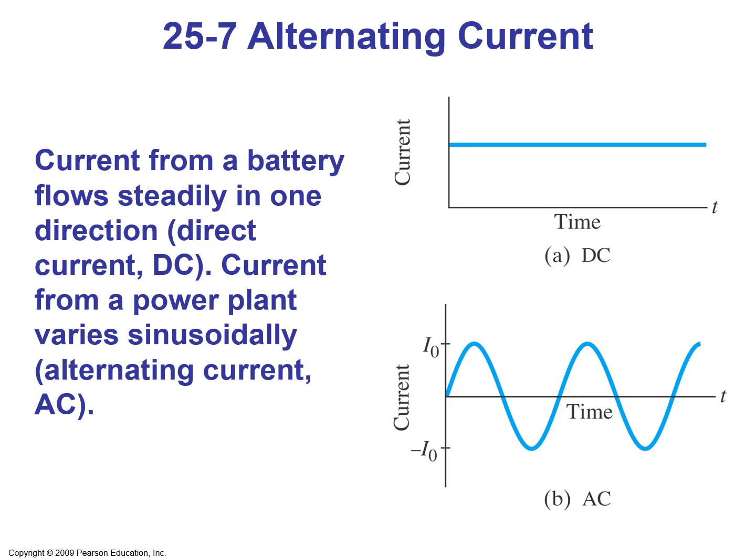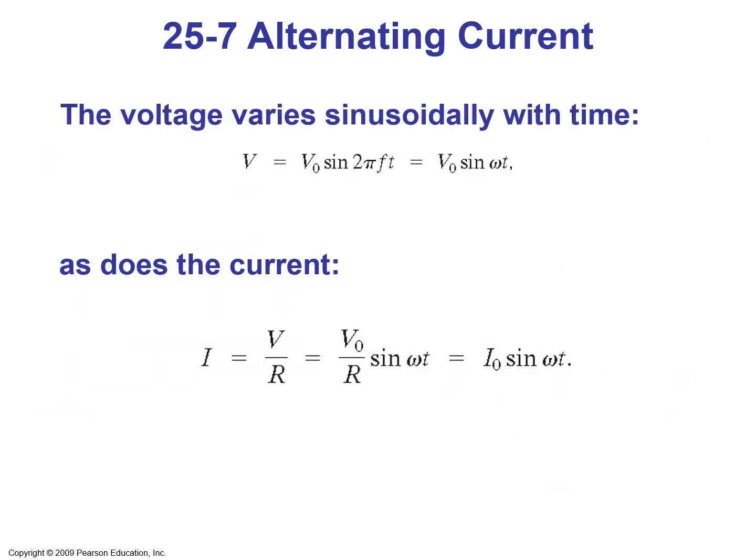But in the lower part B, we see a current which is oscillating or alternating between a positive and a negative current of I naught, and that is called alternating current or AC. The voltage varies sinusoidally with time, and we write it as V naught times sine of 2 pi f t.